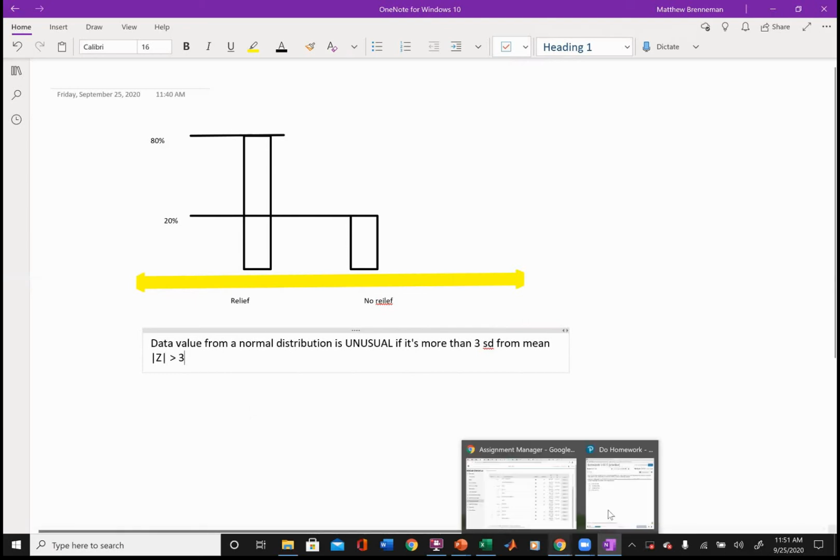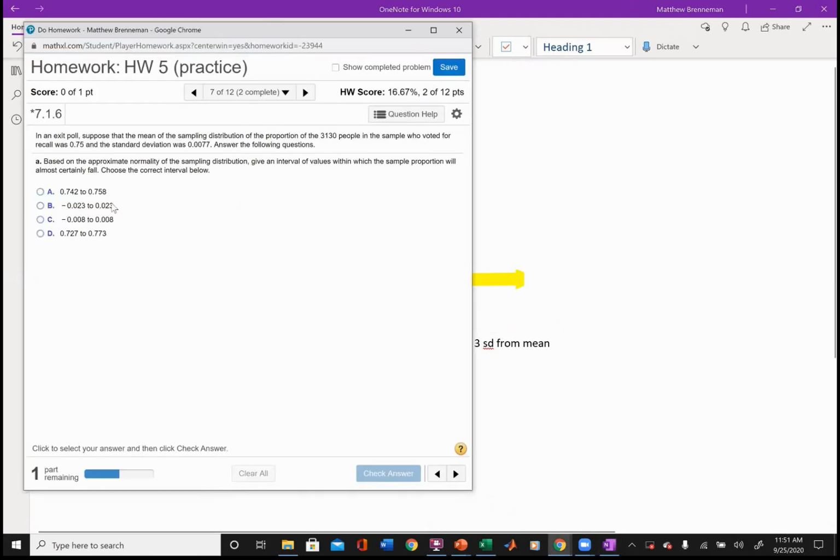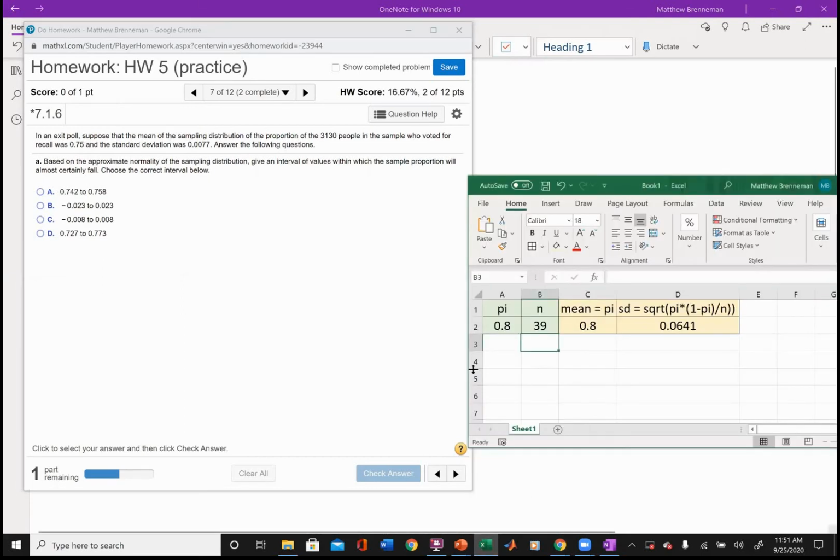So what we're going to do here is they told us the standard deviation and they've told us the percentage. So I'm just going to add and subtract 3 standard deviations. You can do this in StatCrunch, doesn't really matter. So this is the mean. This is standard deviation.